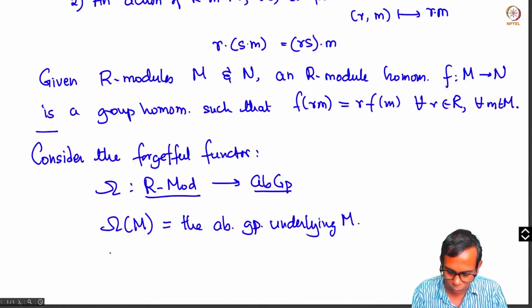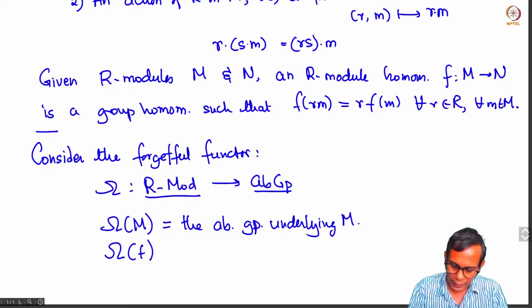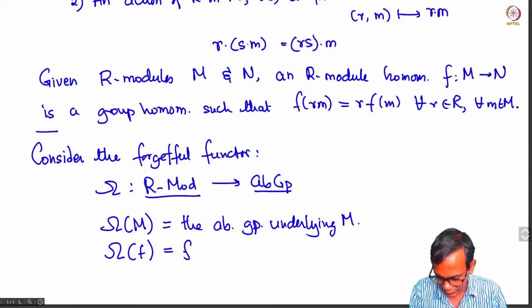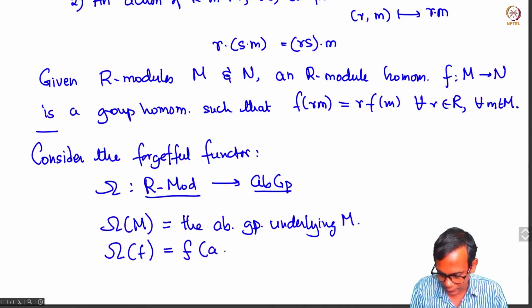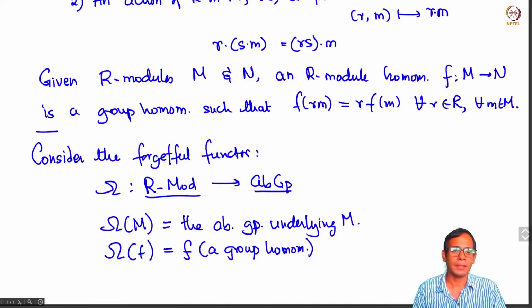And given an R-module homomorphism, well, we defined an R-module homomorphism to be firstly a group homomorphism, and then it must have this additional property that f(rm) is equal to r f(m). So an R-module homomorphism is an abelian group homomorphism, so we'll just write f itself viewed as a group homomorphism. So that's the forgetful functor.